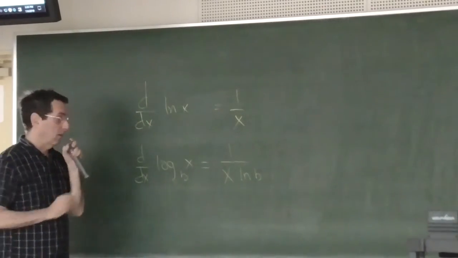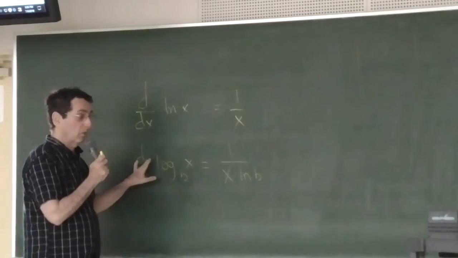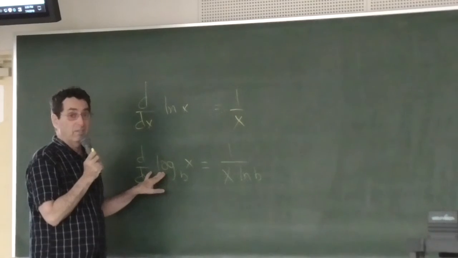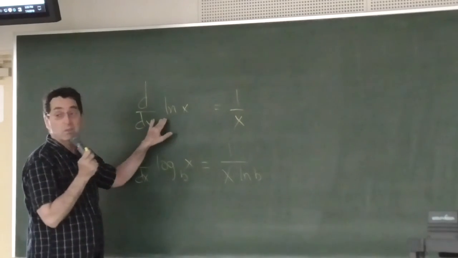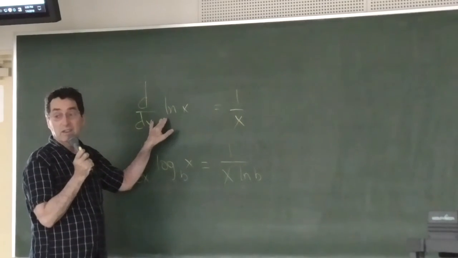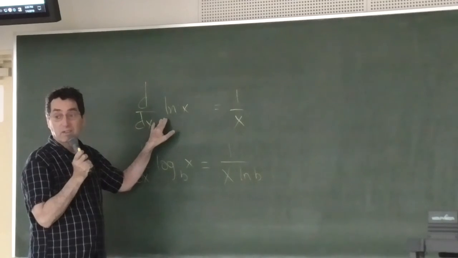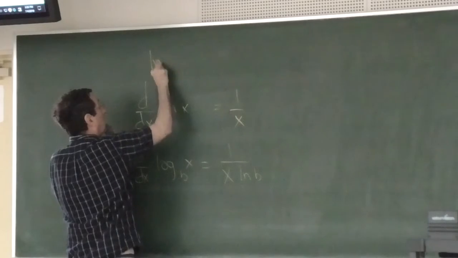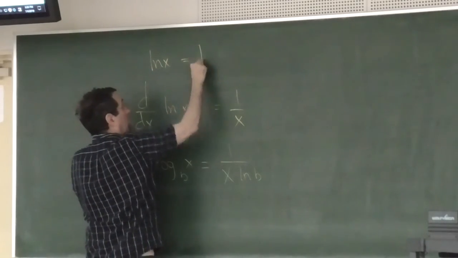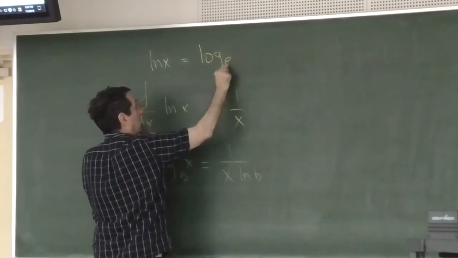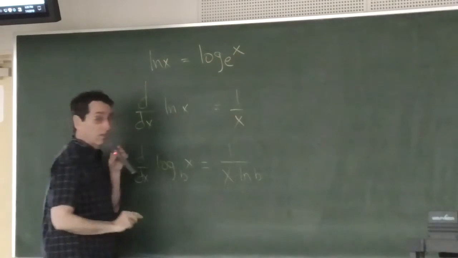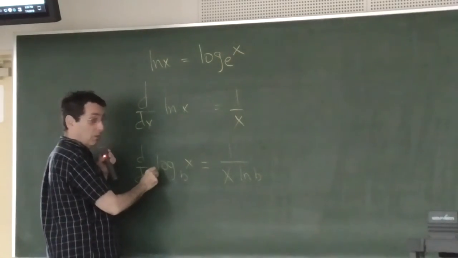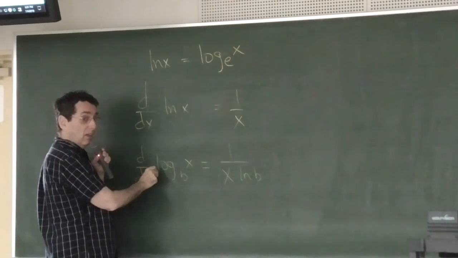And we saw that this is supposed to be more general than this, which means this should work for any b. So it should work for this one, because this is a b. Right? What's the b here? e. Right? ln of x means log base e of x. So that's base b. This is supposed to work for any base, so it should work for base e as well.